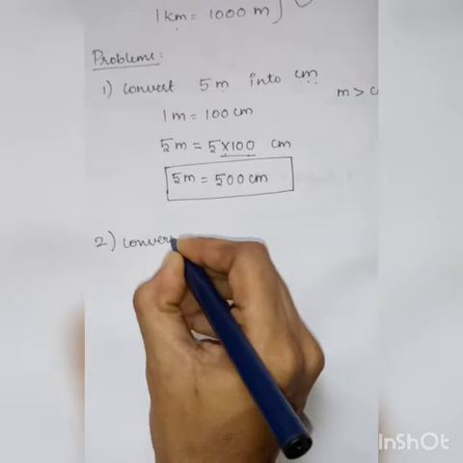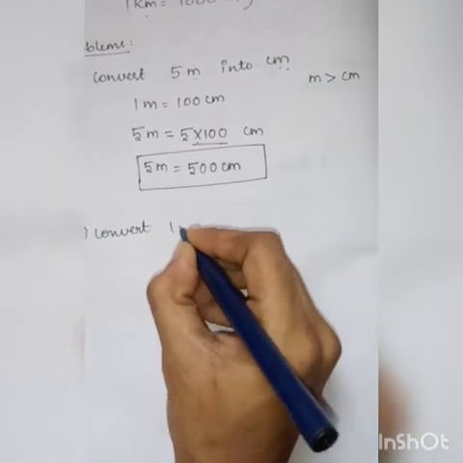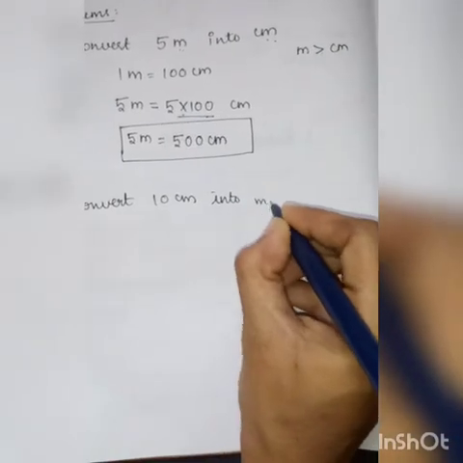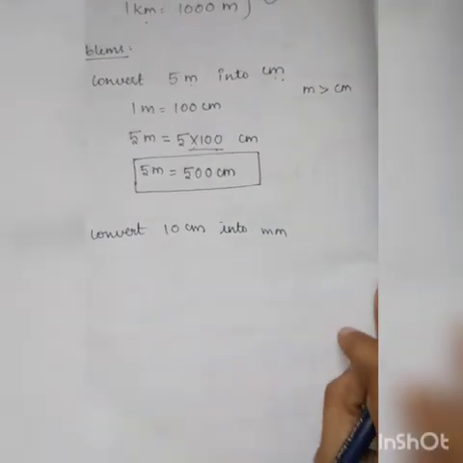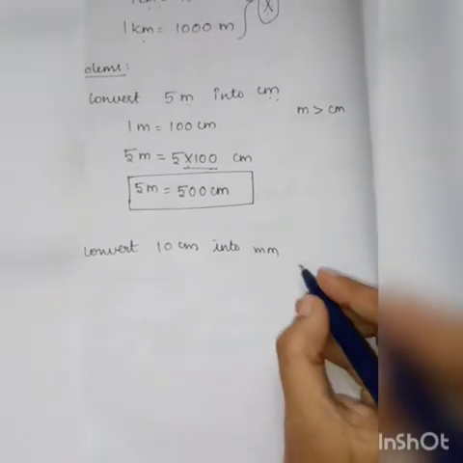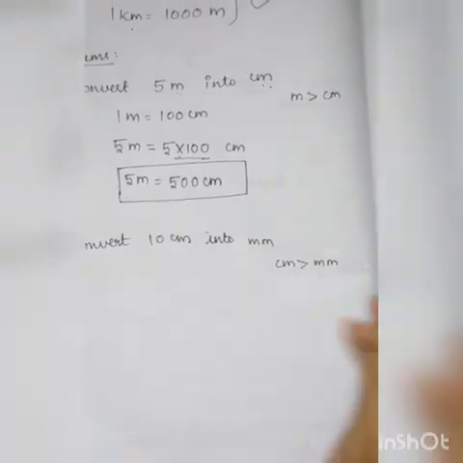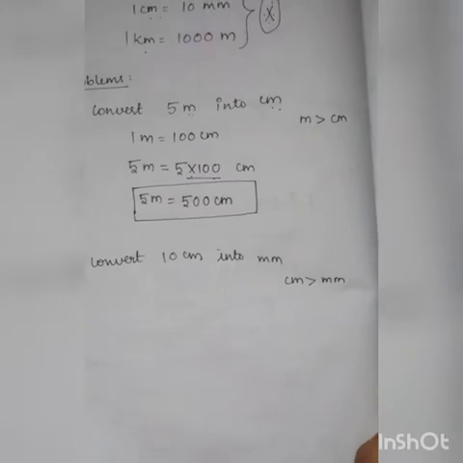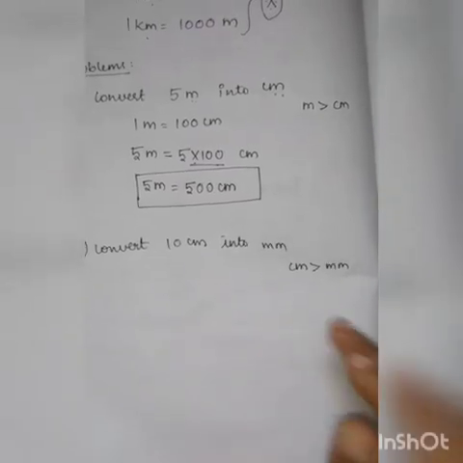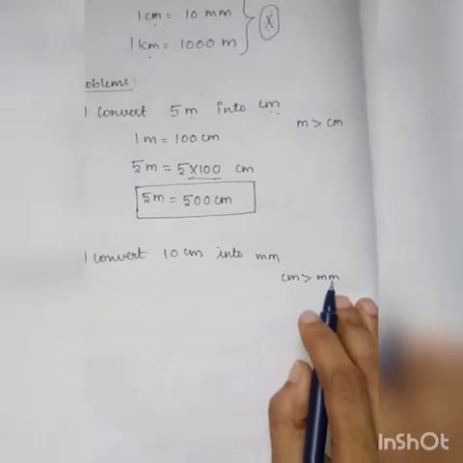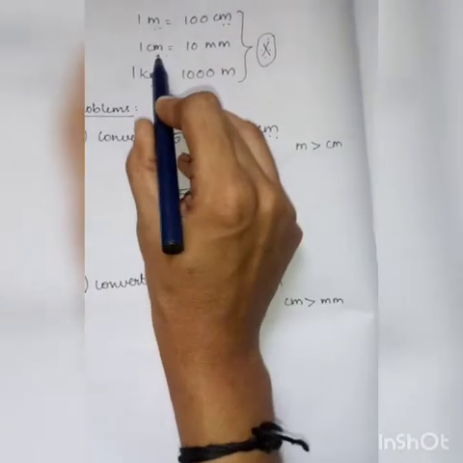Convert 10 centimeter into millimeter. Centimeter is greater than millimeter, right? By our rule, centimeter is greater than millimeter. Is there any formula for centimeter and millimeter?